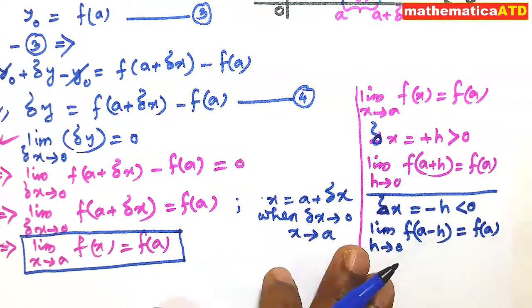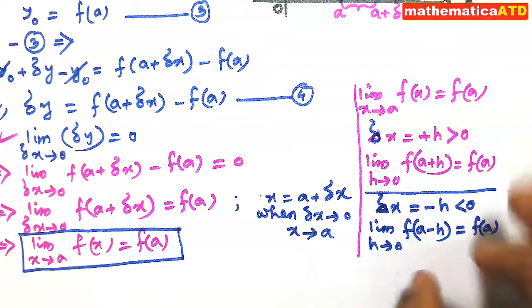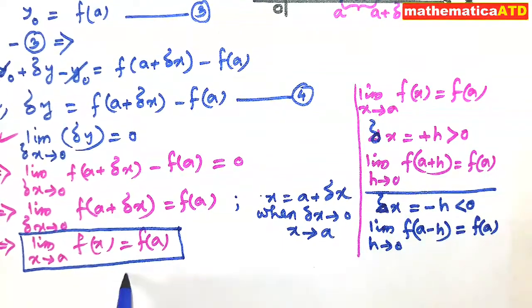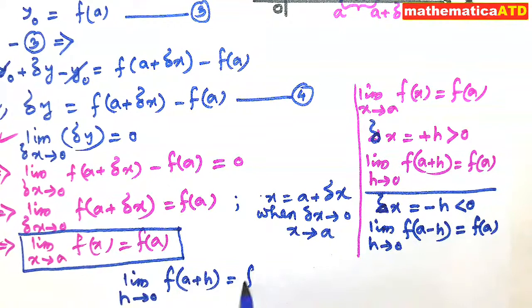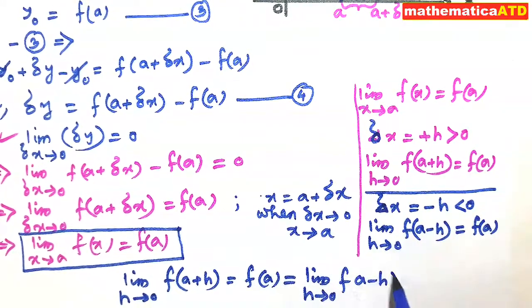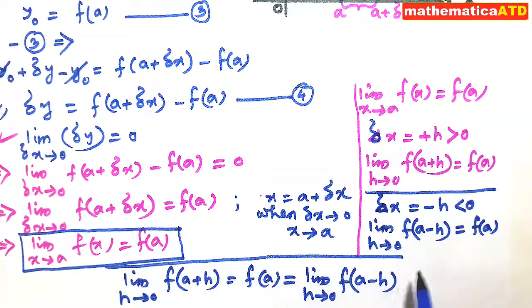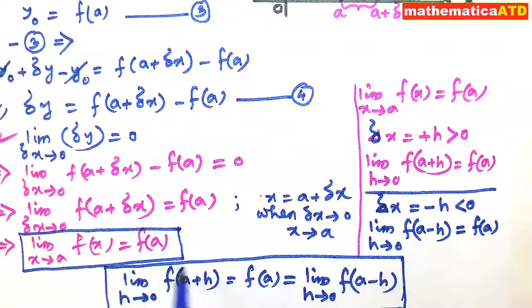So we can write one thing in combination of these thoughts, that limit h tends to 0 of f(a plus h) is equal to f(a) is equal to limit h tends to 0 f(a minus h). Friends, carefully look at this relation. Actually this is LHL and this is RHL, and both of them are equal to f(a).